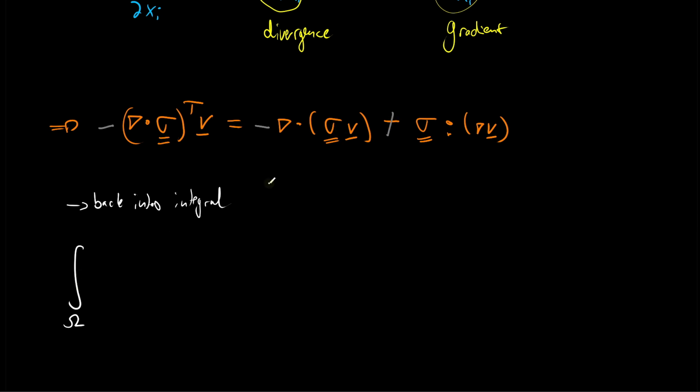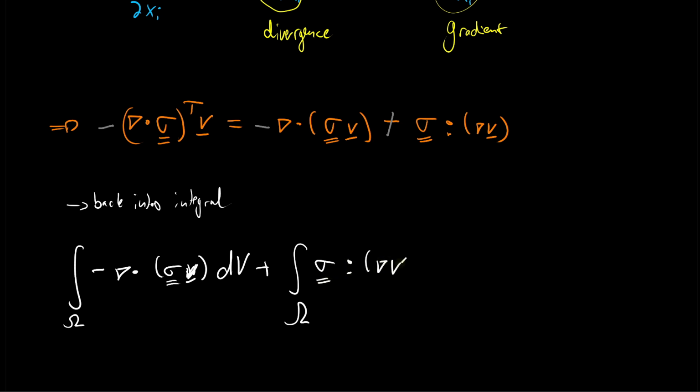So then back in the integral, we here get minus divergence of sigma multiplied with test function v integrated over the volume, plus the integral over omega of sigma double contracted with the gradient of v integrated over the volume. And then on the right hand side, we have the integration over omega of f transpose v, volume integral.